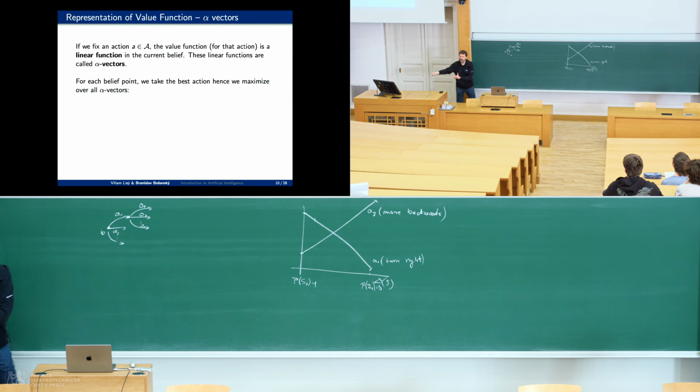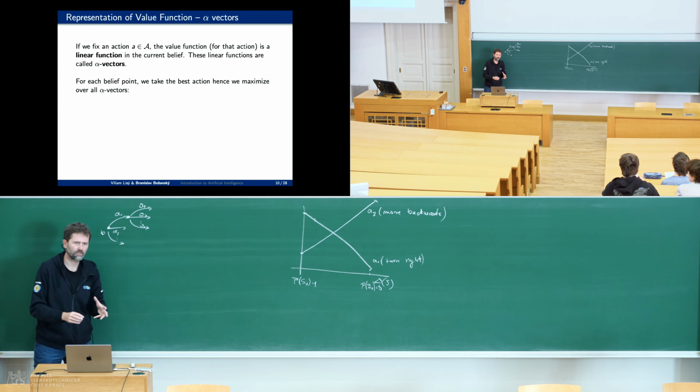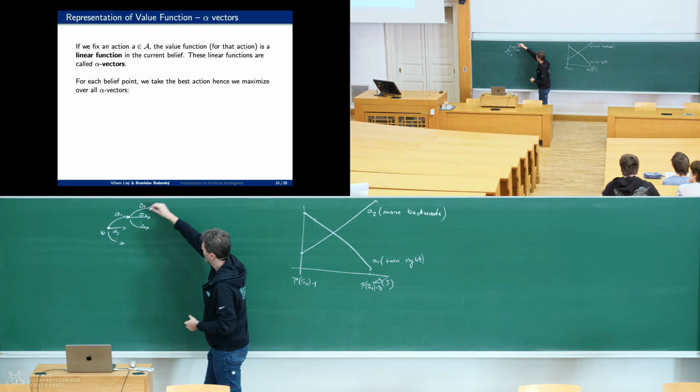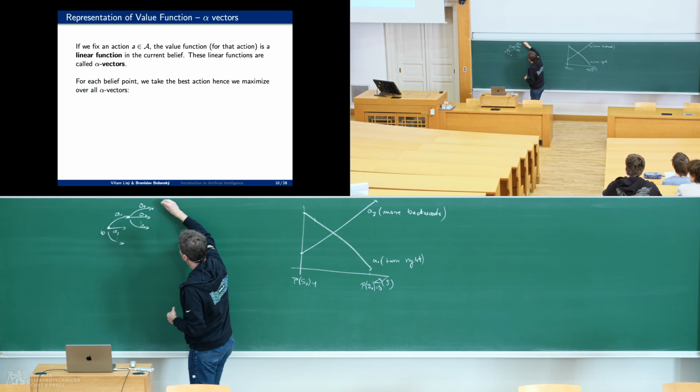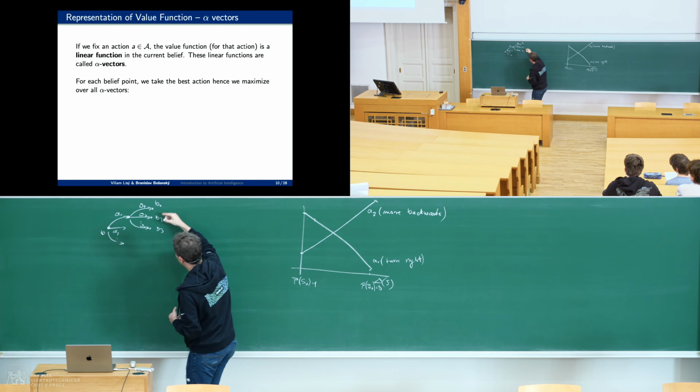I don't know which observation the agent is going to receive. I know the probability distribution with which I can receive observation 1 or 2 and so on. I don't know which one I'm going to receive. But after receiving each observation, I will get to some belief point: B1, B2, B3, and so on and so on.